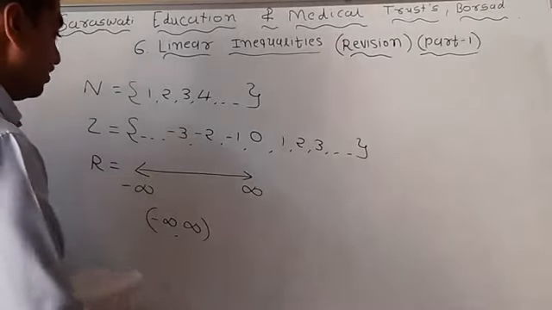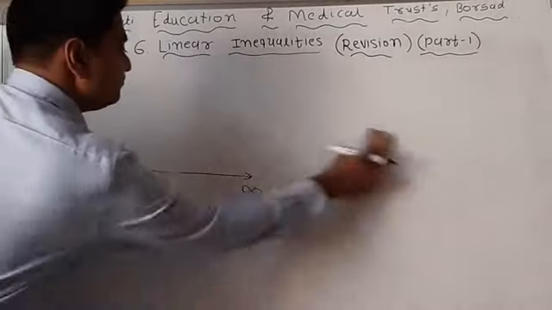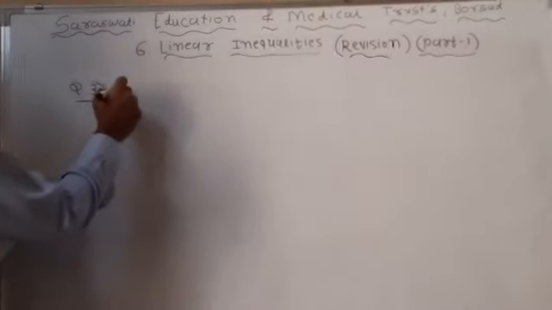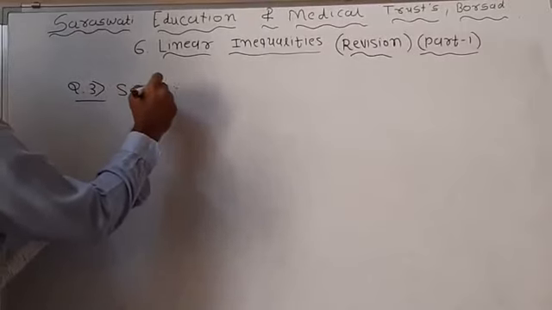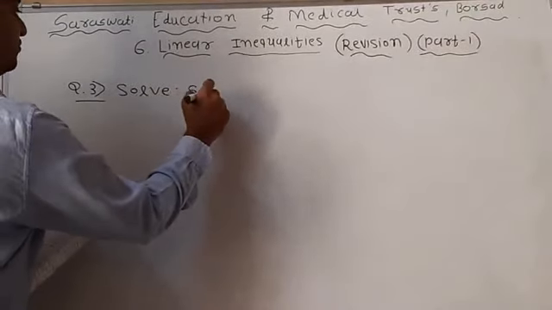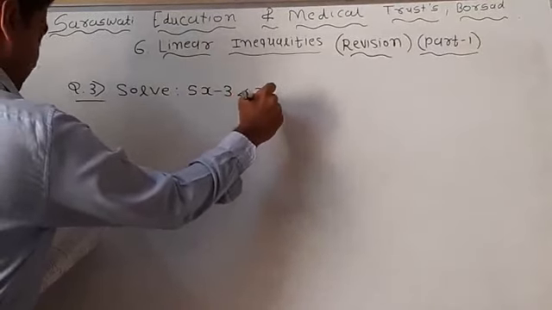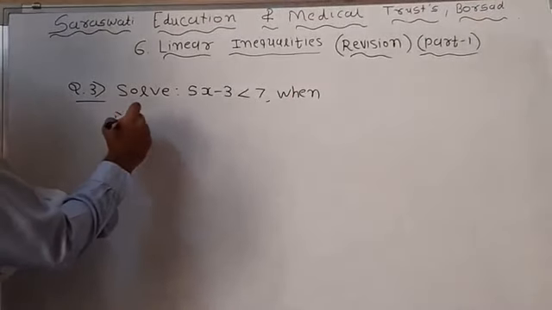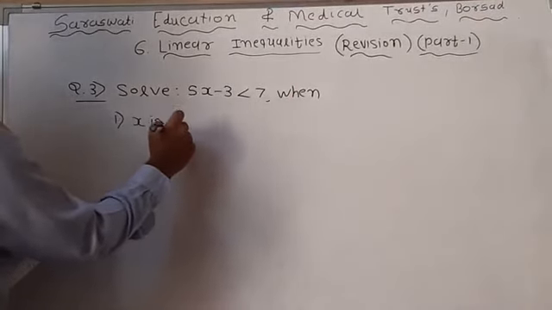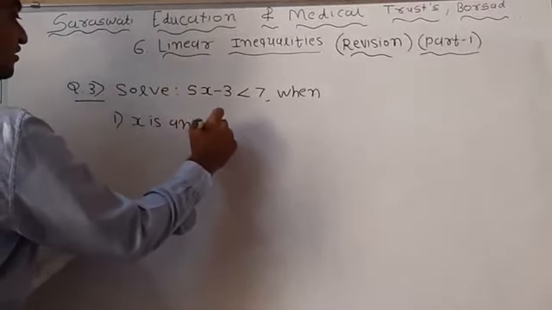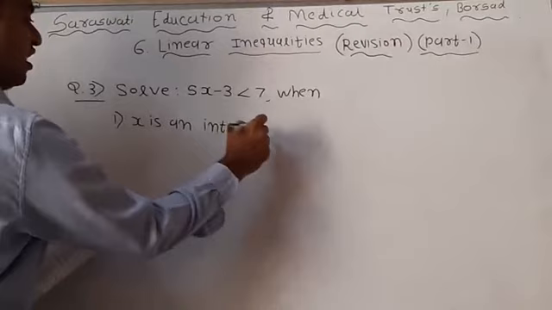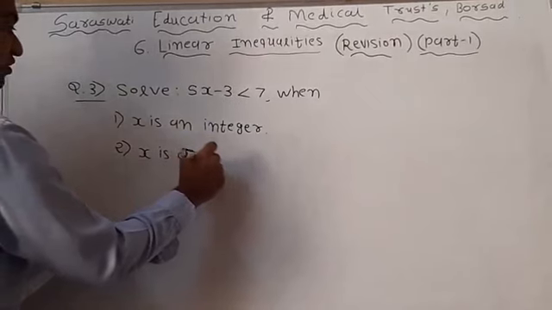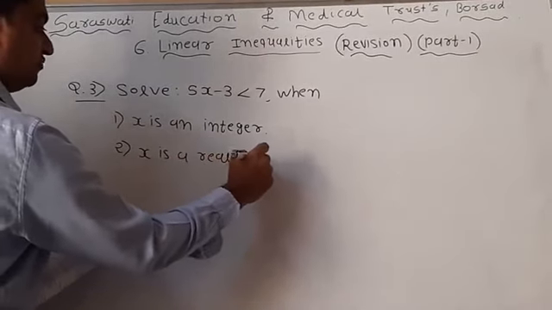Now let's discuss some examples. Exercise 6.1, question number 3. Solve 5x minus 3 less than 7, when the first condition is x is an integer, and the second condition is x is a real number.